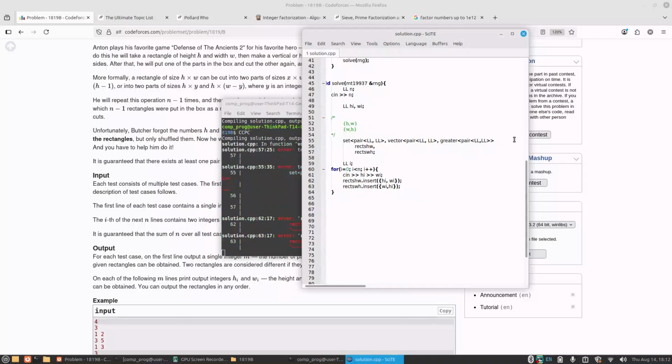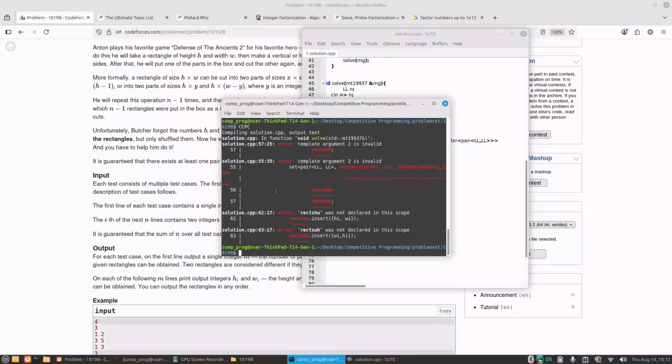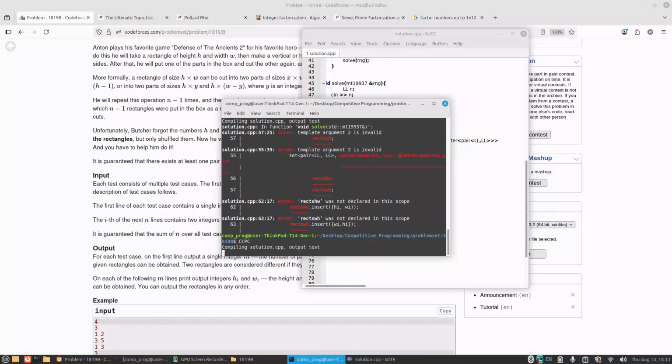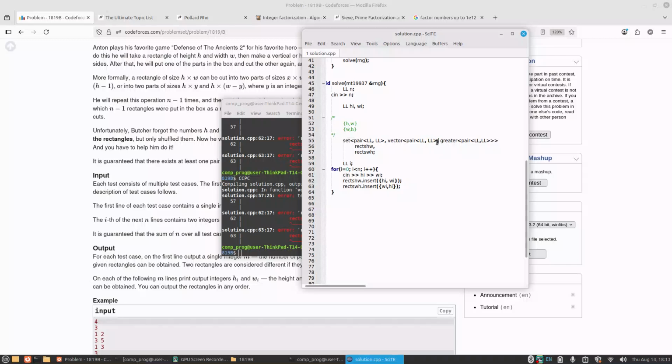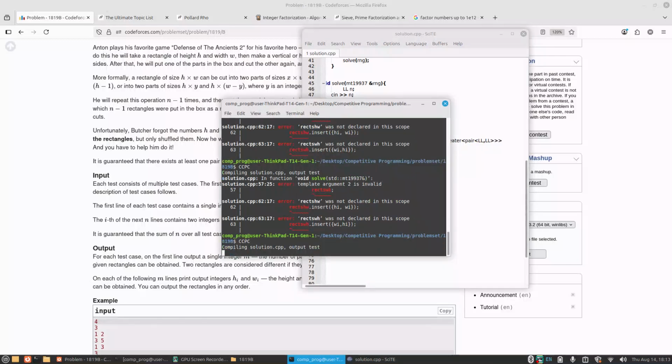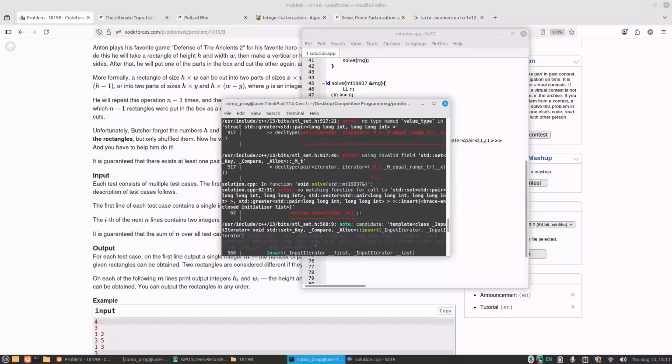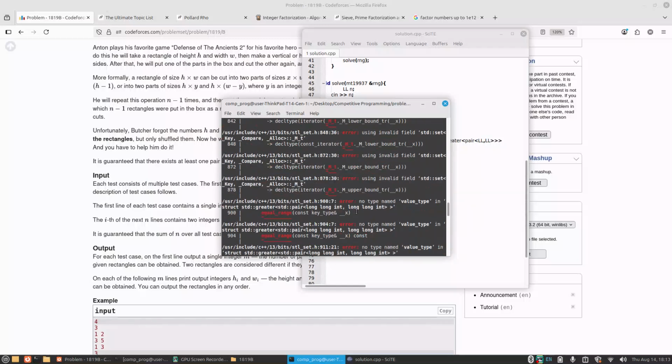Did I miss out? I think I missed out on a bracket of this kind. Oh, template argument 2 is... what the hell did I do wrong?